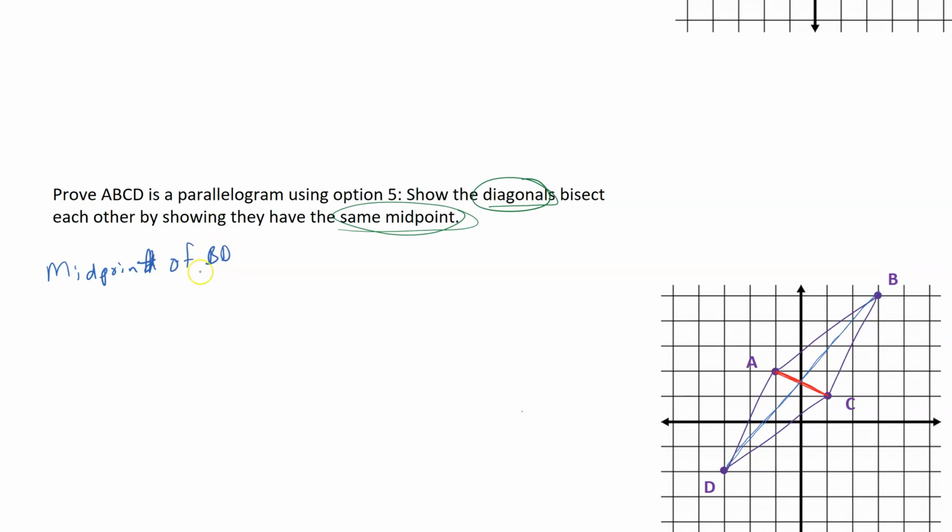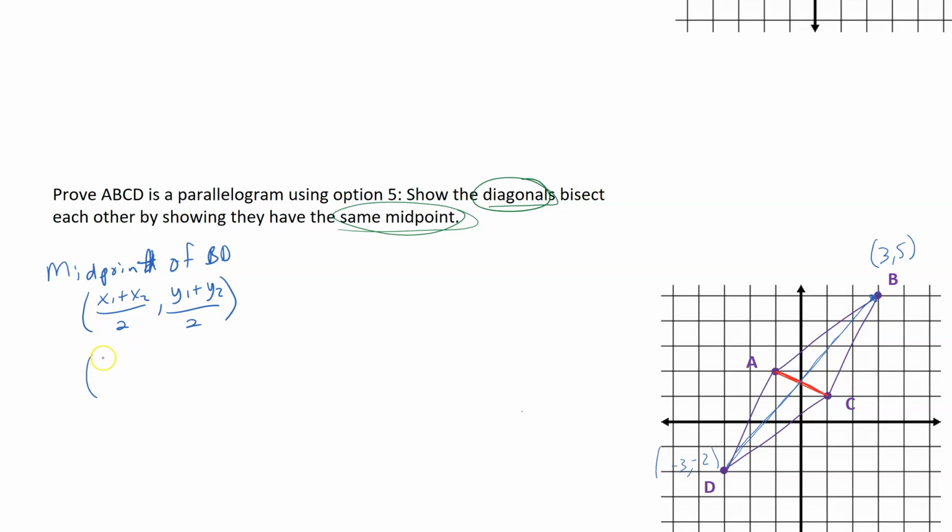So let's find the midpoint of BD by using our midpoint formula, x1 plus x2 divided by 2, comma, y1 plus y2 divided by 2. Remember, this is giving us an ordered pair because we're just looking for the midpoint. So B, we need those ordered pairs. So B is over 3 and up 1, 2, 3, 4, 5. So B is (3, 5), and D is (-3, -2).